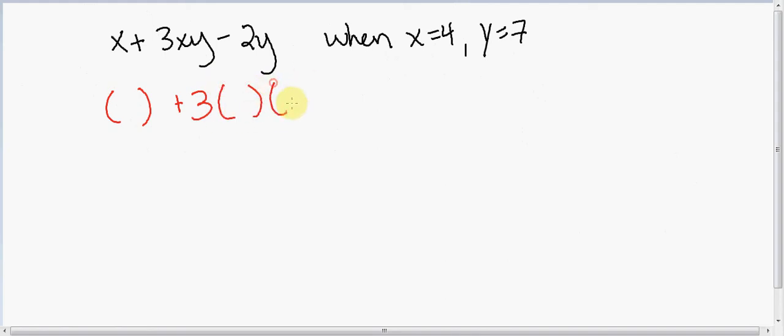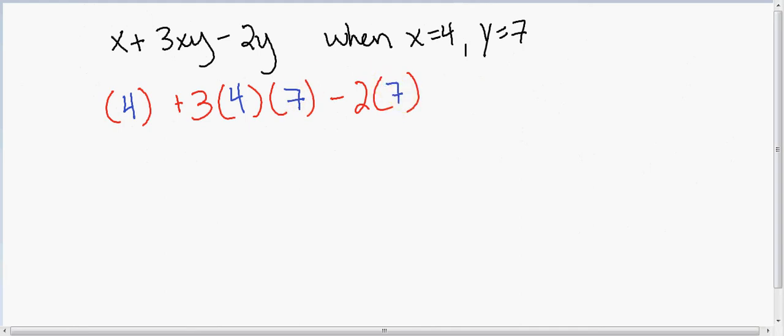I have a y, put in parentheses, minus 2, another y, parentheses. Now I want to fill in the value being substituted for each variable. The first parenthesis is an x, which is 4. I know it's 4 from right here. Then I have a 4 there. This is a y, so that's 7. And this is a y, so that's 7.